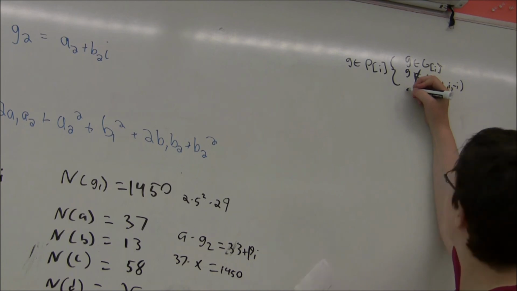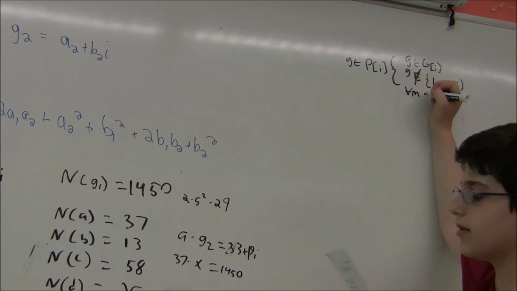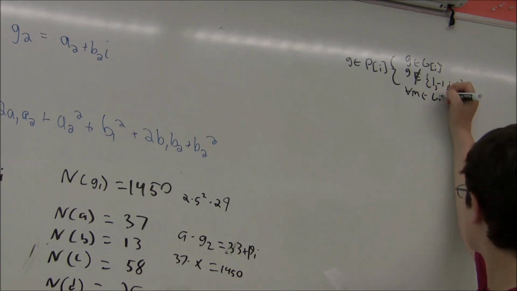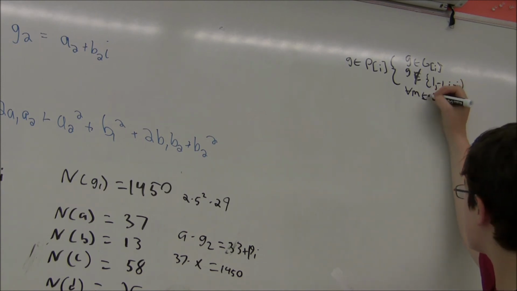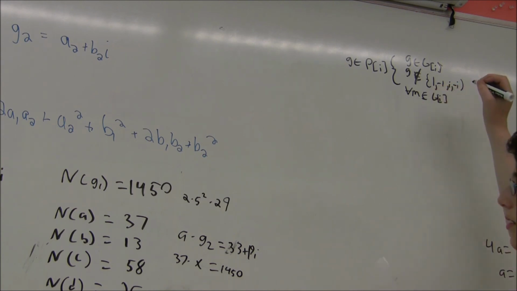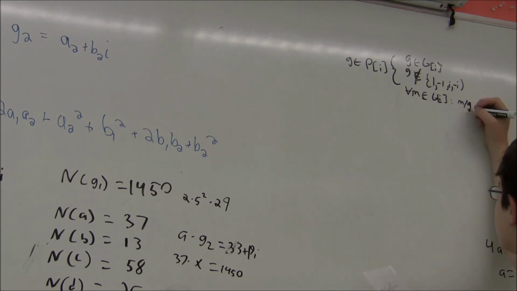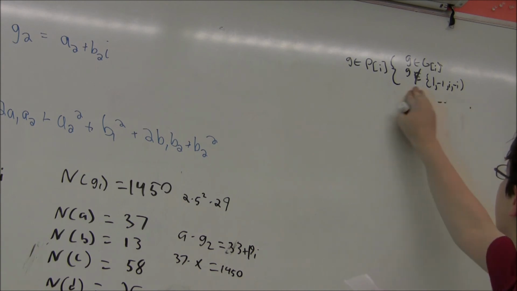And any Gaussian integer M dividing G, where G is prime, so G belongs to the set of primes.